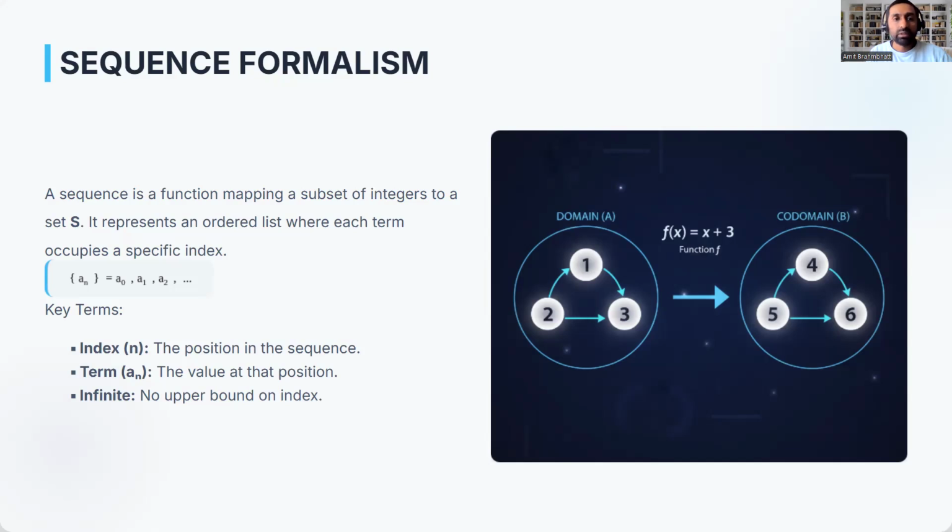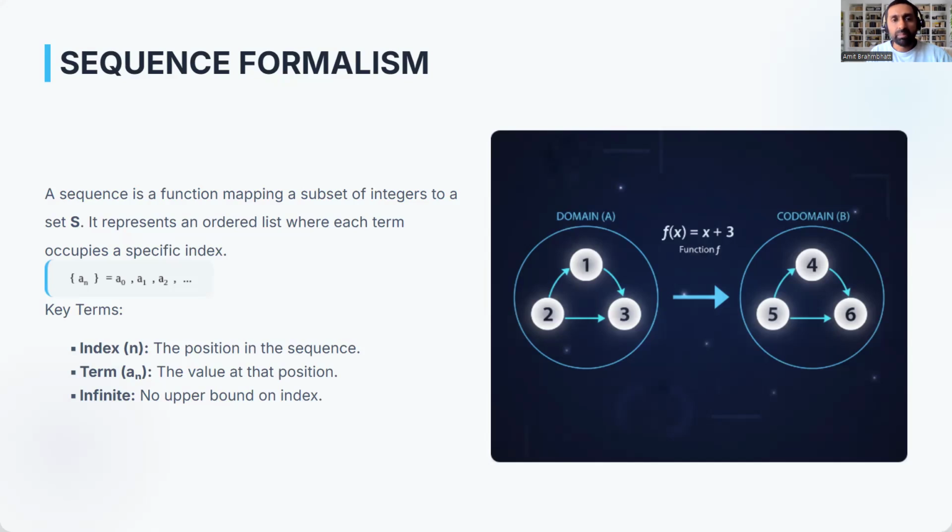When we write the notation wrapped in curly braces, we are referencing the sequence in its entirety. Individual elements within this ordered collection are designated as terms mapped uniquely to their respective indices.